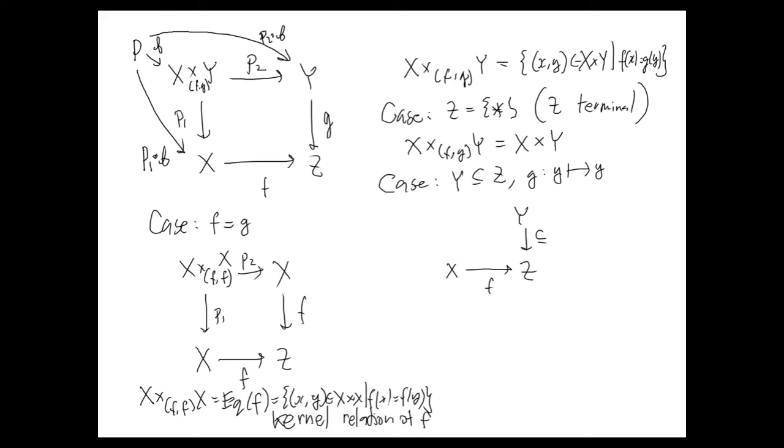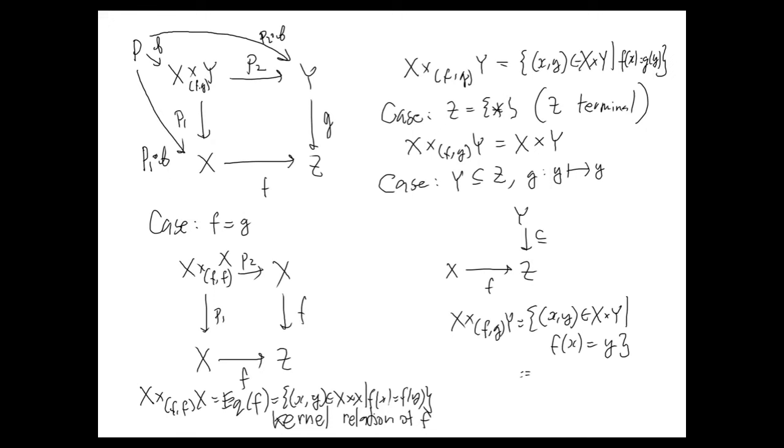So officially, our general formula for the pullback tells us that the pullback must be the set of pairs x, y from X cross Y, such that f of x equals g of y, but g of y is y, right? So such that f of x equals y. But we can simplify this presentation.